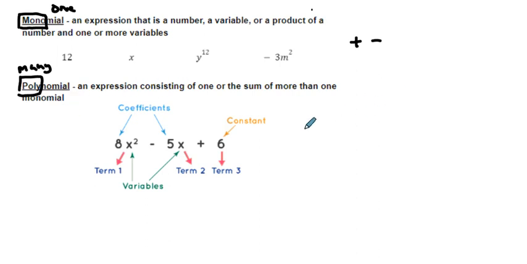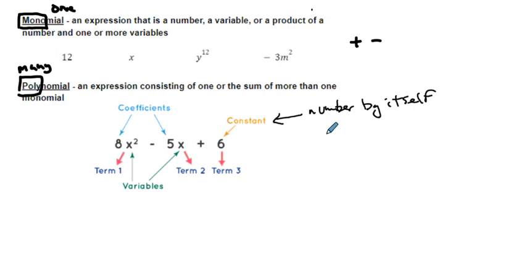The big thing is the constant. I always say it's a number by itself, I don't know if that's proper. It's a number that's not attached to a variable, and it could be a fraction, a decimal, pi, or a square root of something, but it's by itself.